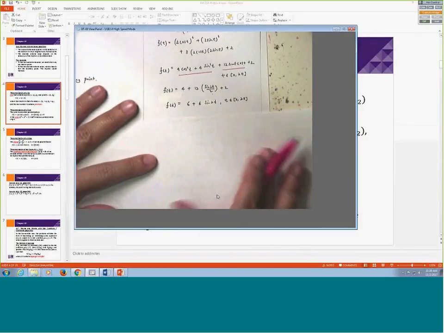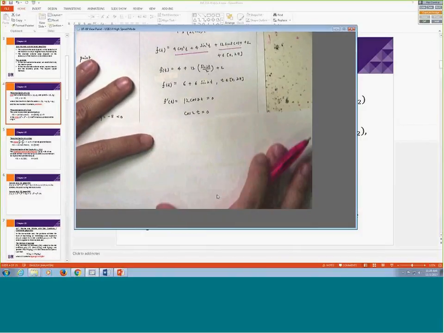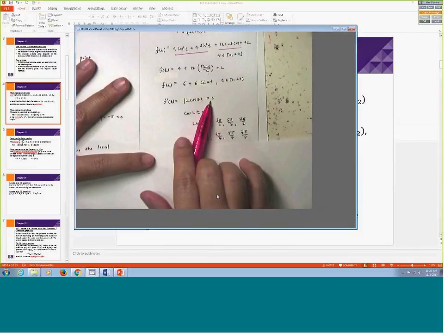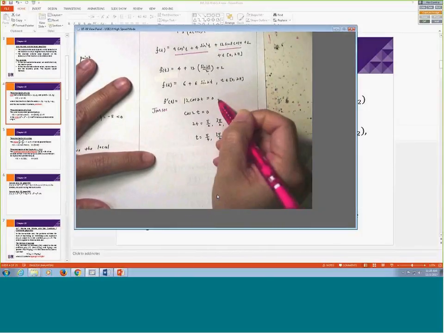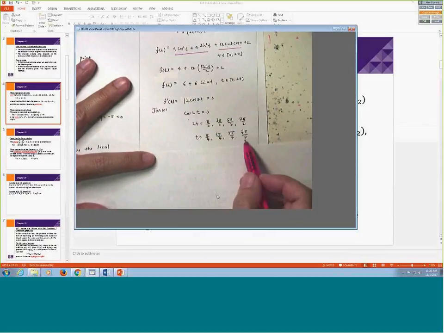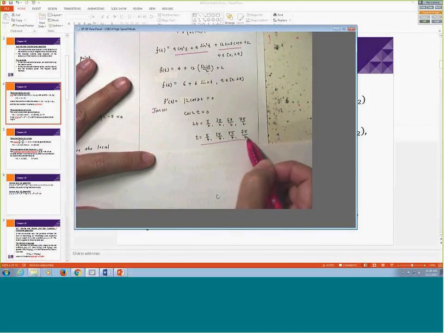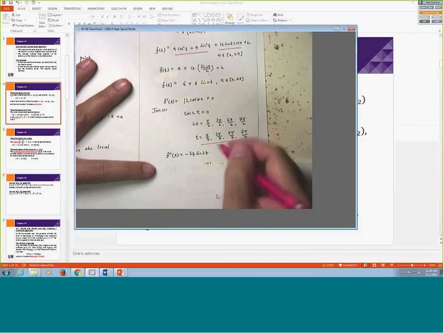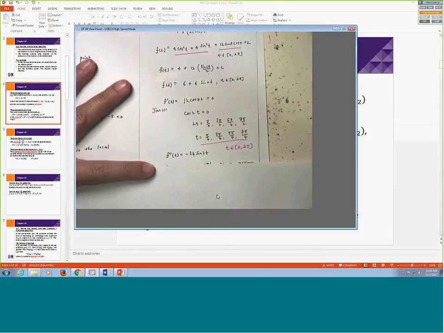So we need to find f'(t) = 0. This is back to JIM101. Find f'(t) = 0. The t that fulfills this are these four values. Why do we stop at this fourth value? Because we must remember t is between 0 and 2π. If it is greater than 2π, it's not valid.